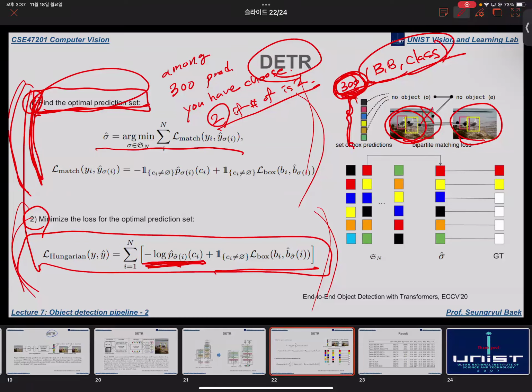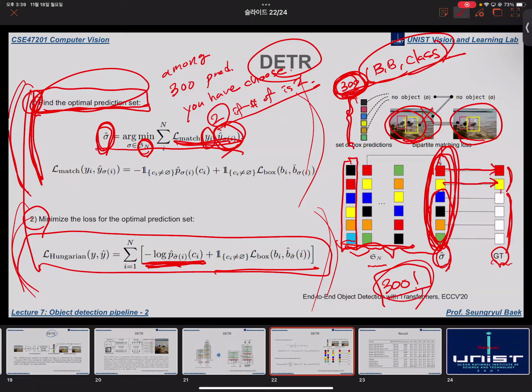So you have to select the sigma hat that best matches the ground truth. Among all the combinations, you have to find this kind of sigma hat that best matches your ground truth, and for that sigma hat, you will apply the actual loss. This formula explains what I mentioned.